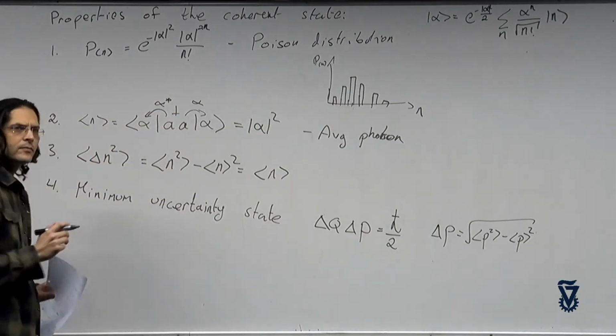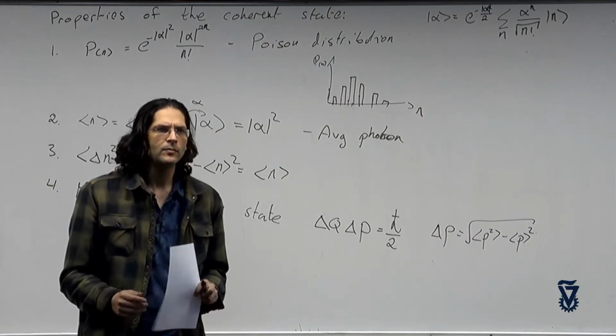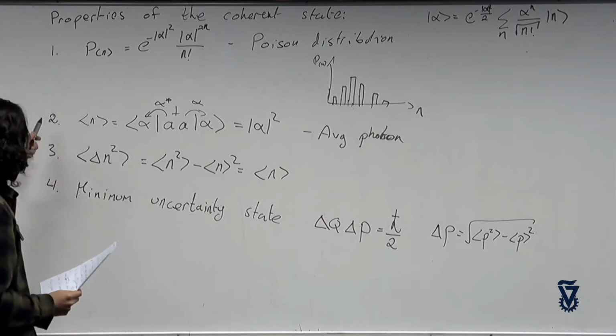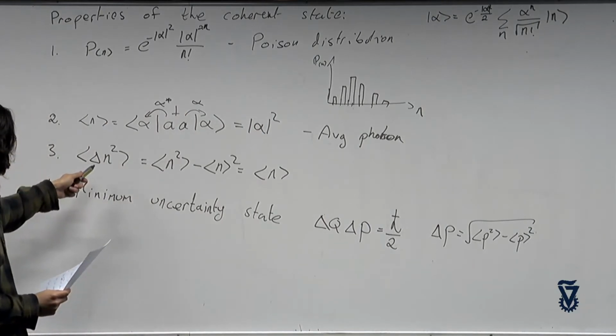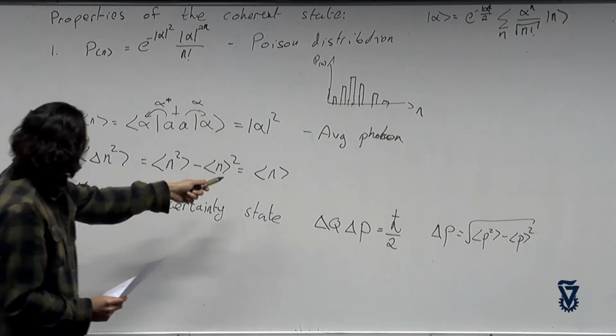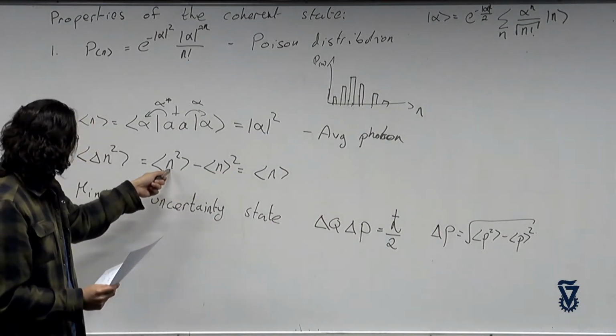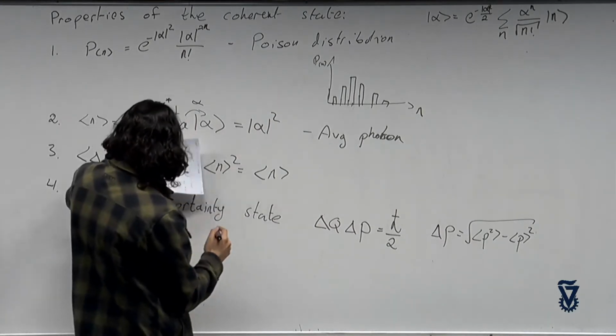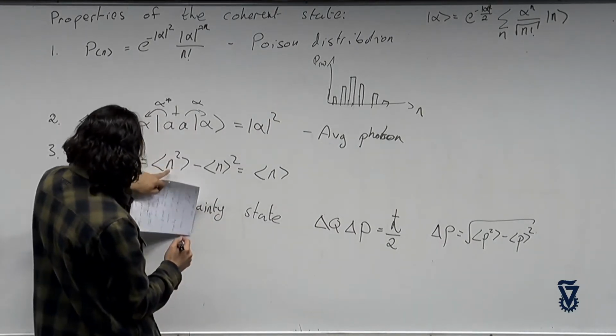Can I ask a question? Yes. How did you get the average of n squared in property number 3? How did I get it? Oh, I didn't. You take n squared, so you have to calculate it. Just like I calculated n bar here, you calculate this.